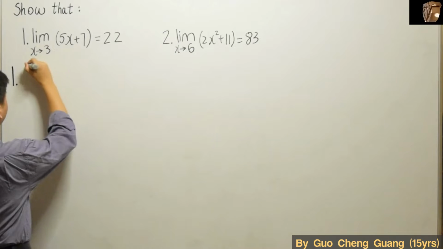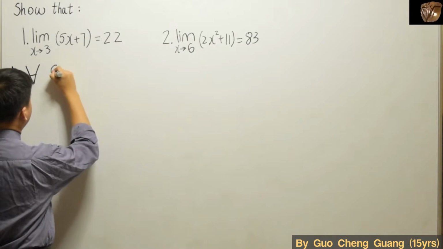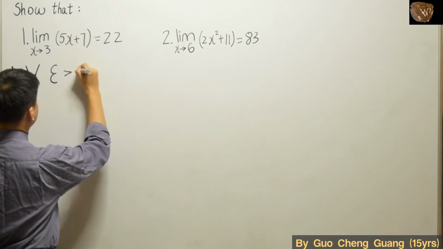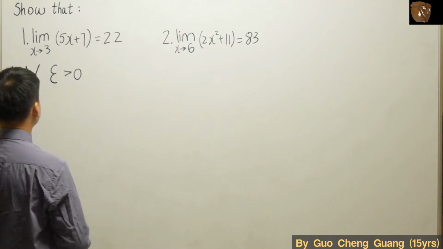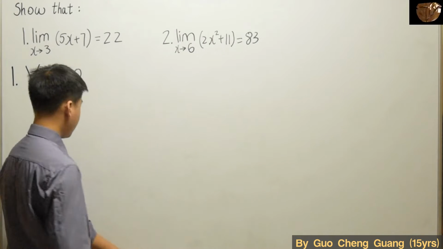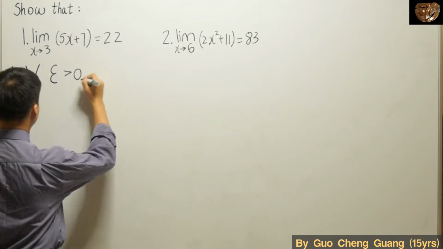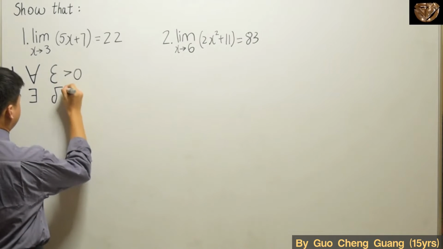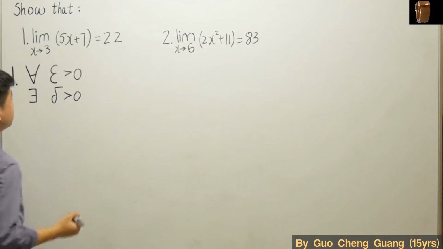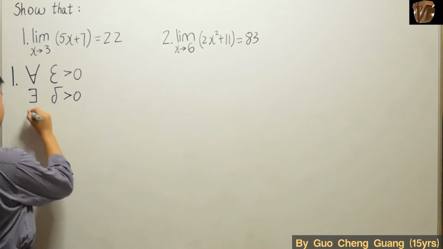Let's say, given epsilon which is greater than 0, epsilon is one of the differences. And that means you have another difference, so there exists delta greater than 0. So what exactly are these two differences?